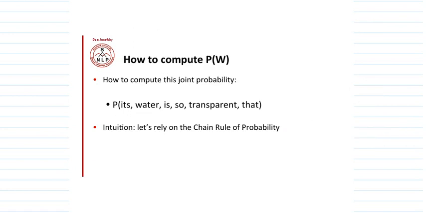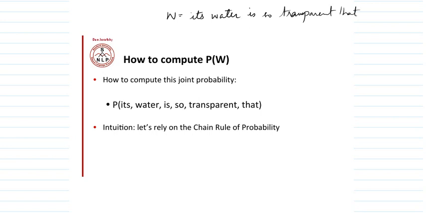right? So how to compute the probability? Suppose we have this sentence, "its water is so transparent that". So we have this sentence, let's call it W, is equal to "its water is so transparent that".